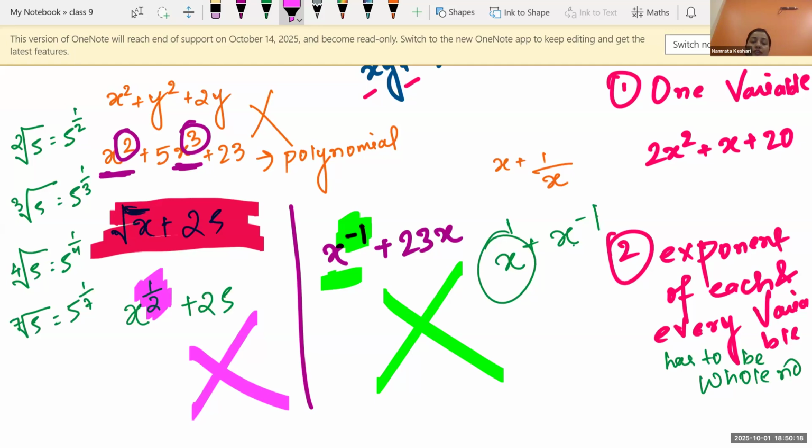You must have learned, or if you have not, I am telling you that the square root of 5 can be written as 5 to the power 1 by 2. The cube root of 5 can be written as 5 to the power 1 by 3. So these roots can be written in exponent form by taking the power 1 by that particular root. If we know this property of exponents, then we understand that root x can be written as x to the power 1 by 2, and here the exponent of x is not a whole number. Hence, it's not a polynomial. Making sense?